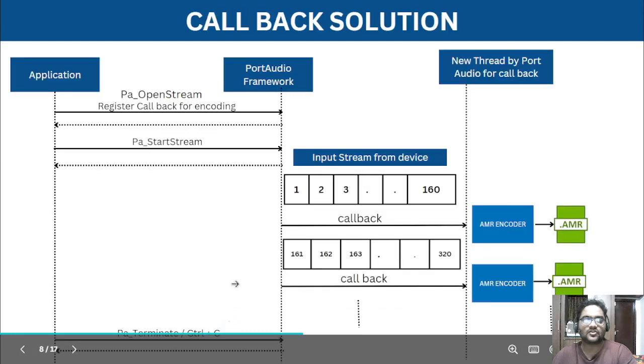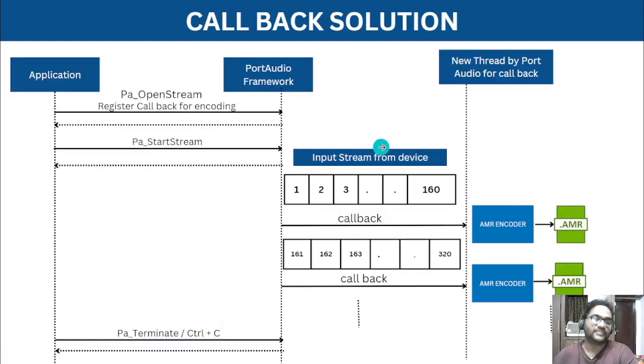This is the callback solution which we have put in the picture to ensure capturing plus encoding happens in parallel without loss of any data. So the stream starts, which means all the data, whatever we are speaking, is available in the form of a buffer for every 20 milliseconds or every 160 samples.